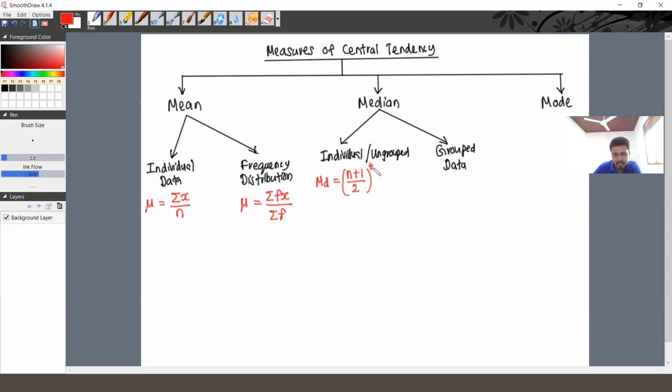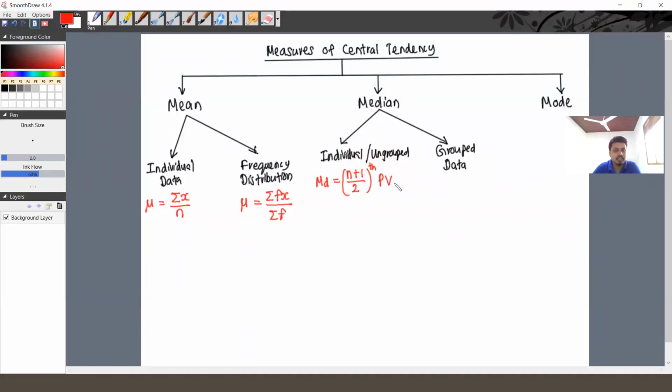මේ එන්නේ answer එක නෙවෙයි, answer එක තියෙන තැන. This provides us not the final answer but the place where we can get our final median value. So we need to get the positional value.